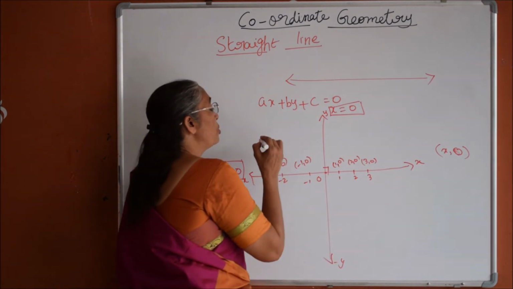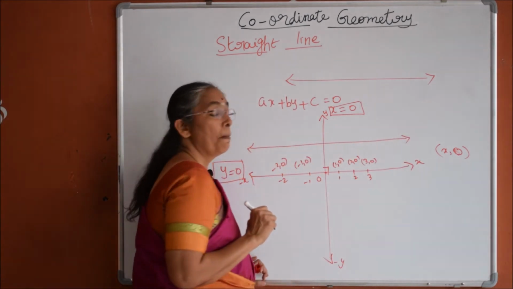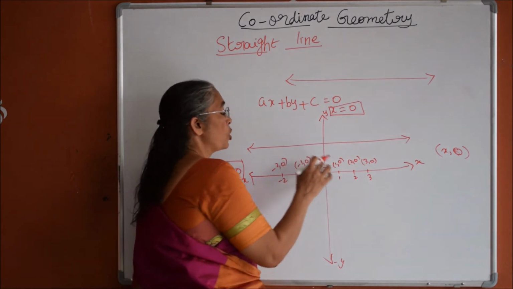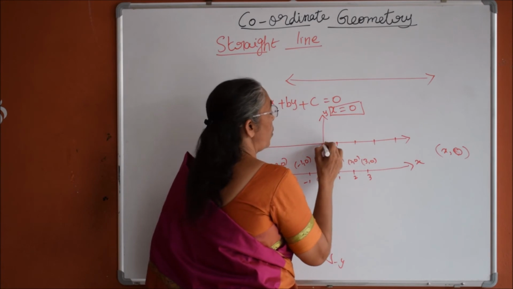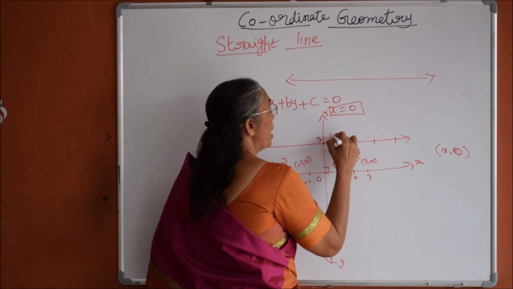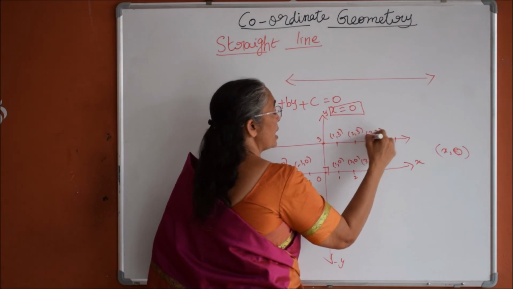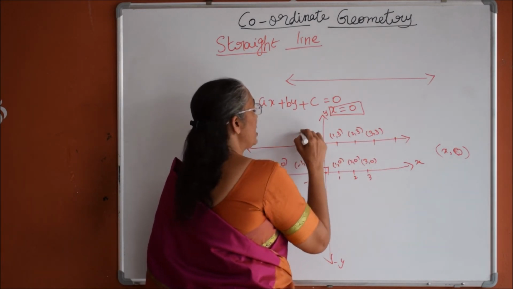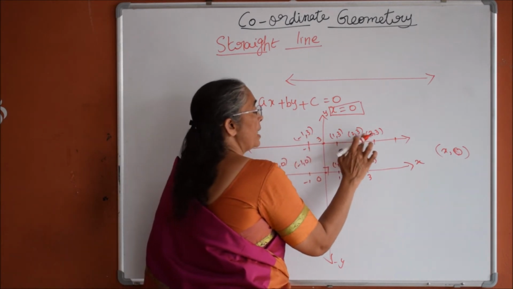And even you know the equation of a line parallel to the x-axis. So you learned the points on the line parallel to the x-axis; suppose this is 3. You will mark 1 comma 3, 2 comma 3, 3 comma 3, etc. Here minus 1 comma 3, etc. So you can observe that the y coordinate is only 3.